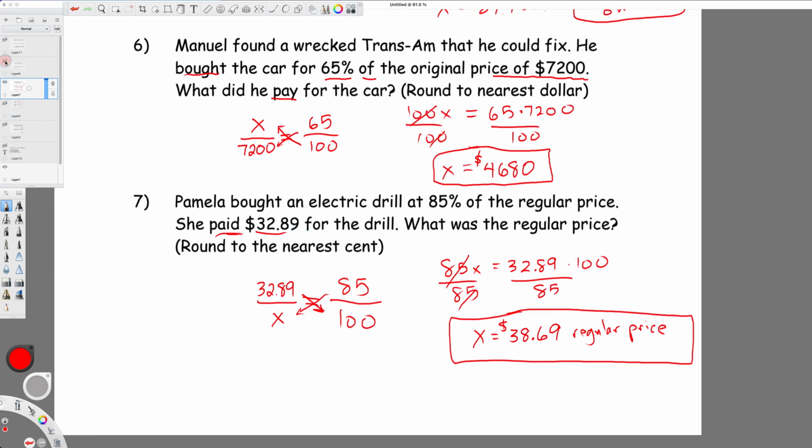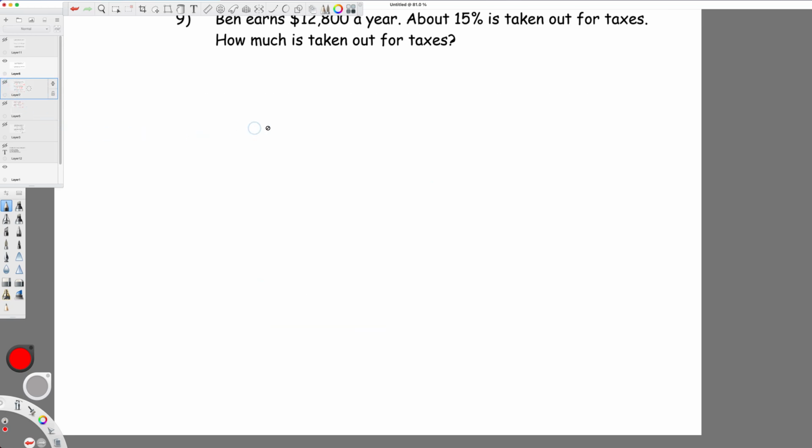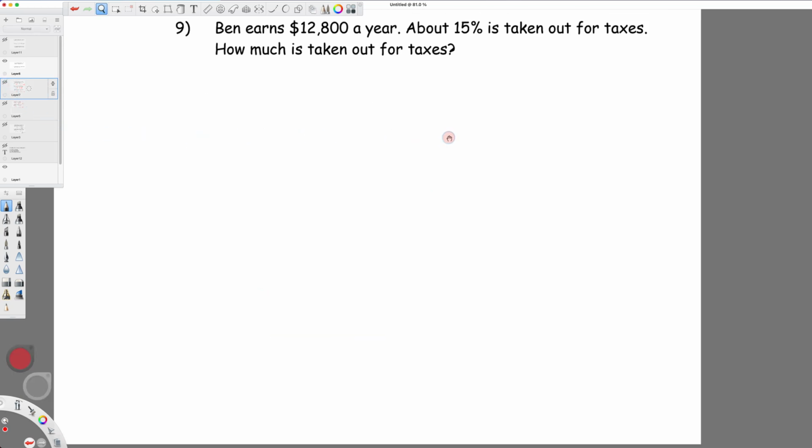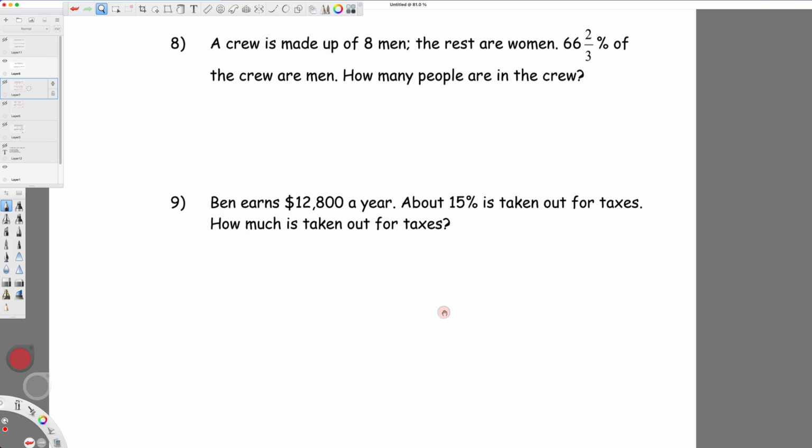So let's move on to numbers 8 and 9. So number 8, a crew is made up of 8 men and the rest are women. 66 2/3% of the crew are men. How many people are in the crew?